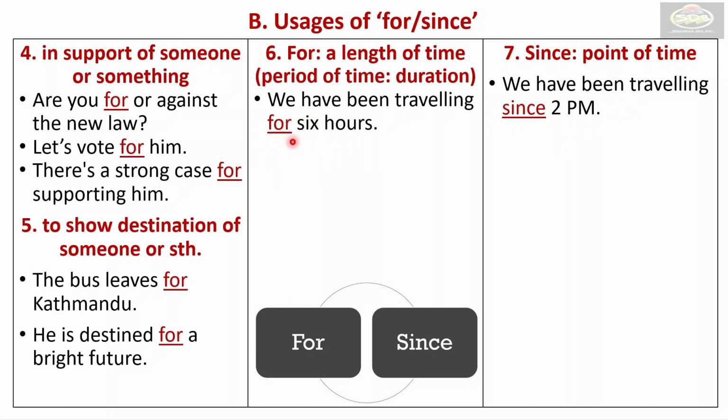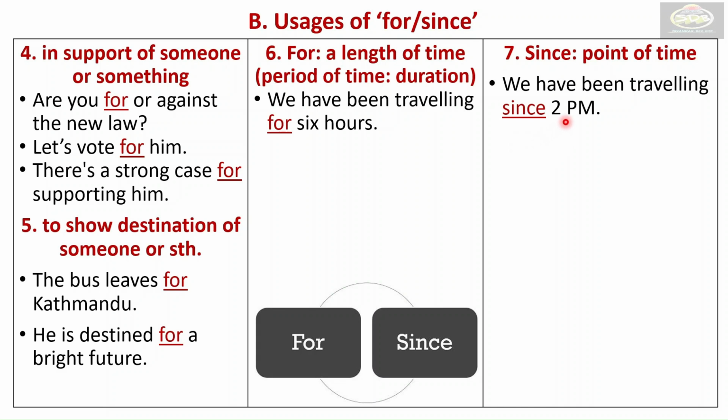We use for with period of time. This 6 hours is a period of time or duration only, but 2 p.m. is a fixed point of time at which something started. Therefore, with time expressions like for 6 hours, for 15 minutes, for 3 months, for many days, for a long time, these are known as duration or period of time, and we use for with them.